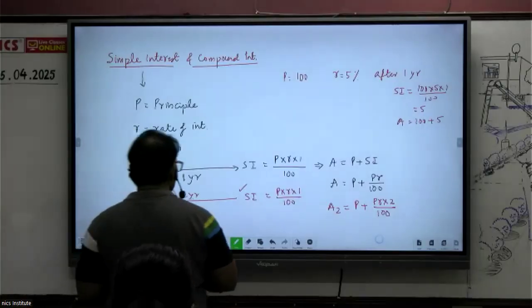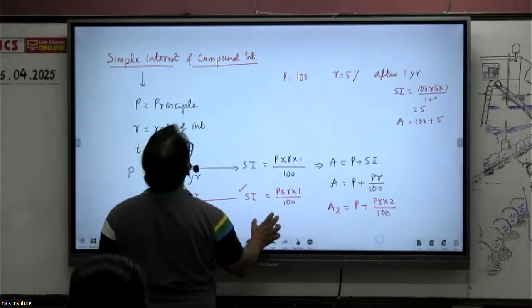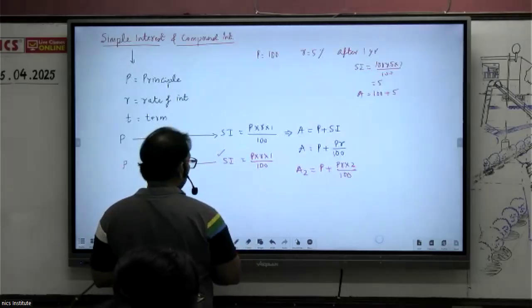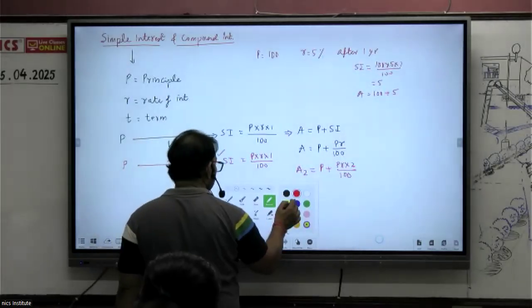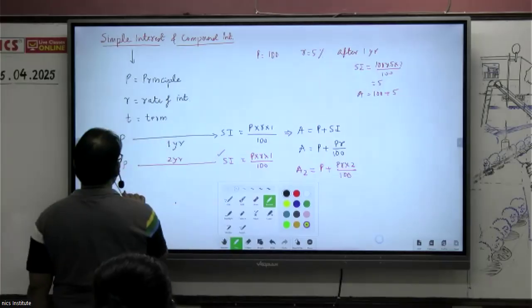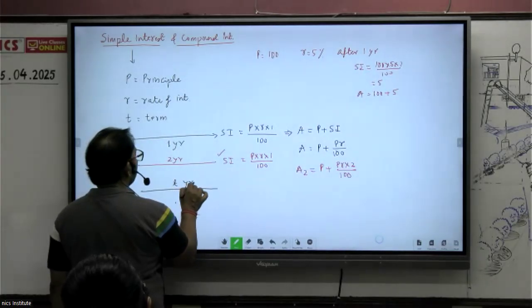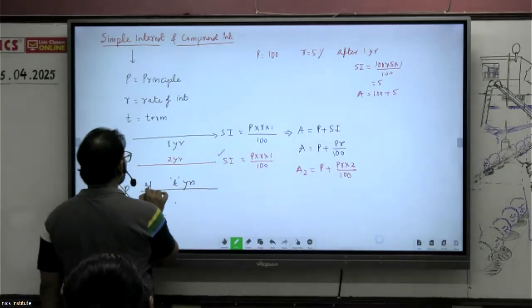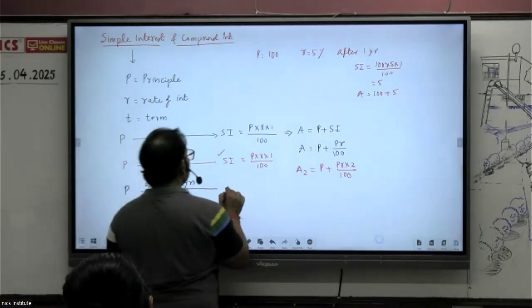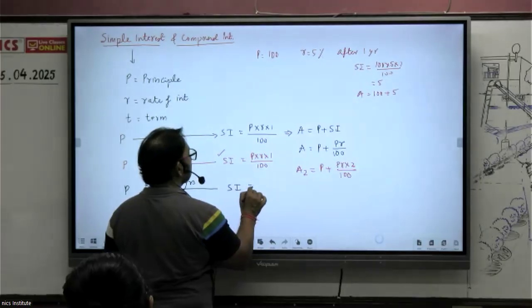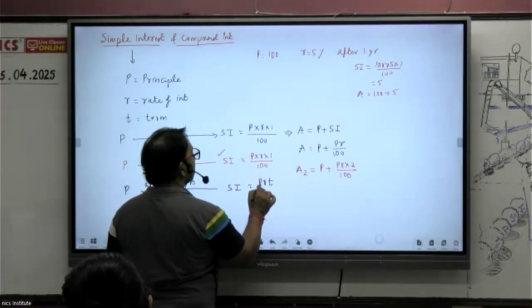So in general, if you talk about the interest due after T years, simple interest will be PRT by 100.